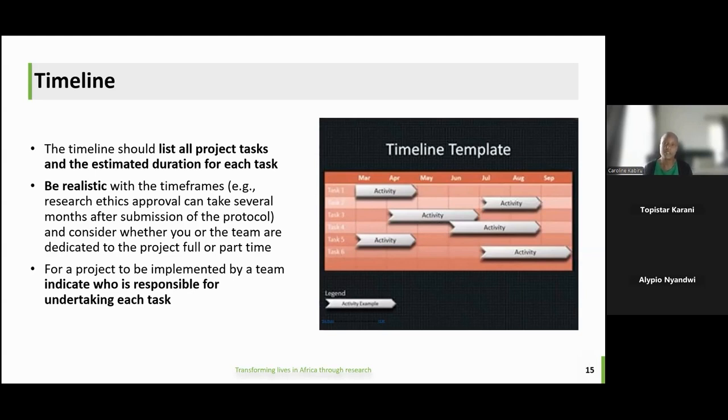It also makes managing the project meetings easier, because you can say, okay, so-and-so, where are we with this task? And so people are also aware of what they need to do and can follow up and track progress.